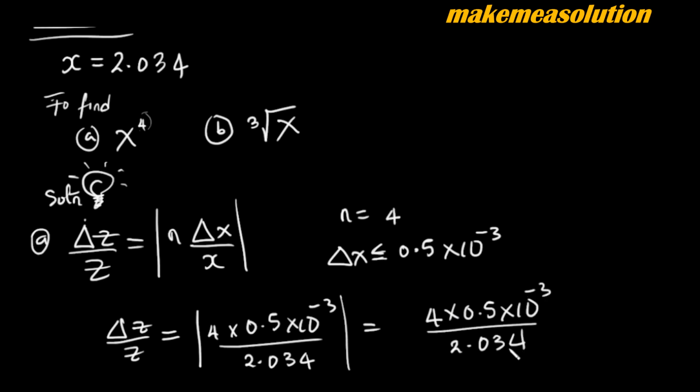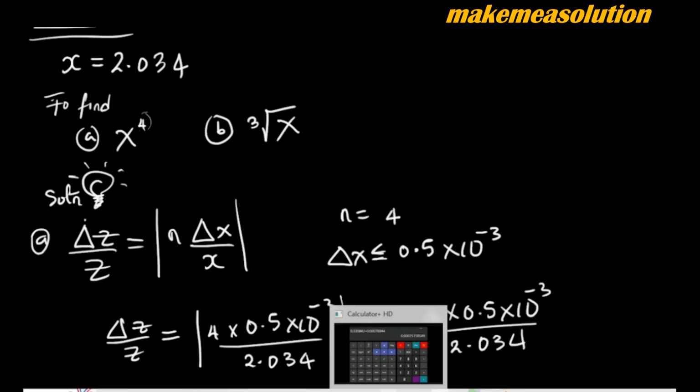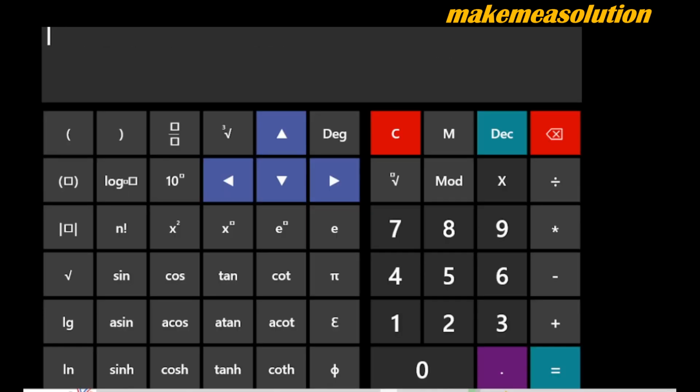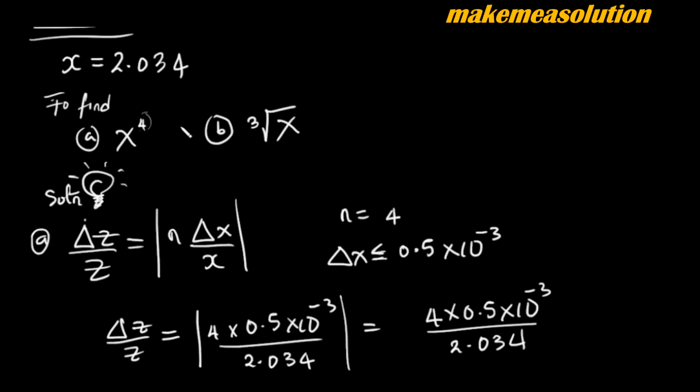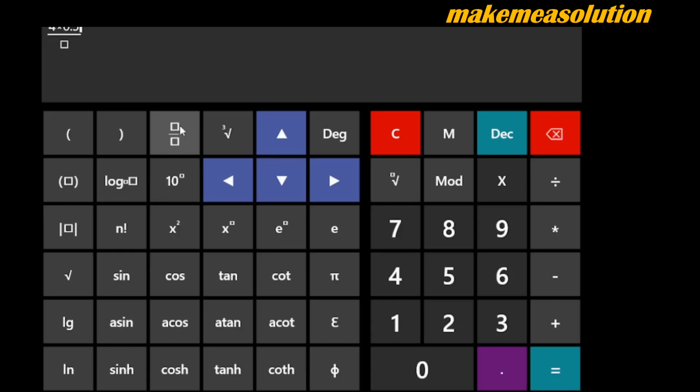So we're going to toggle our on-screen calculator and see what this evaluates to. So we are actually evaluating a ratio: 4 times 0.5 times 10 to the power of negative 3 divided by 2.034.